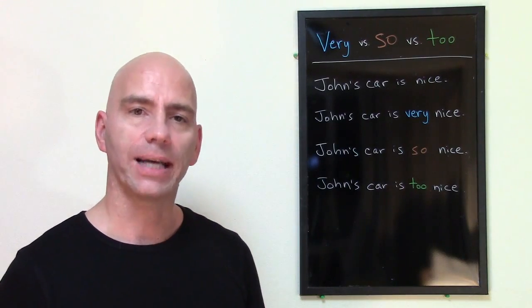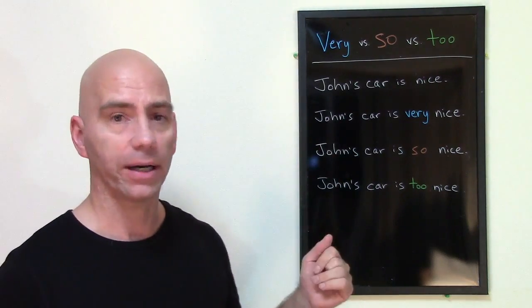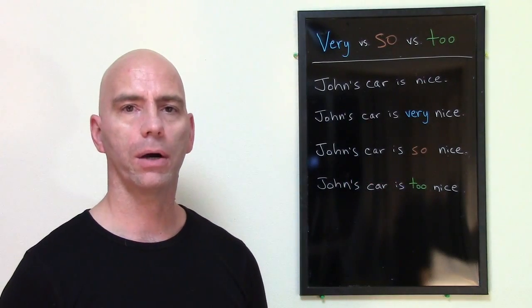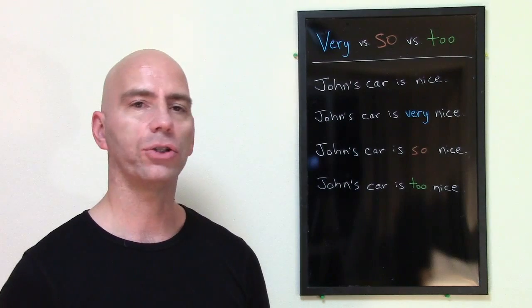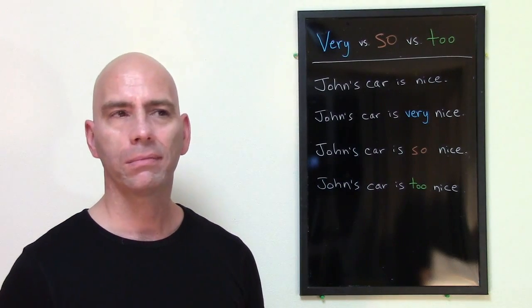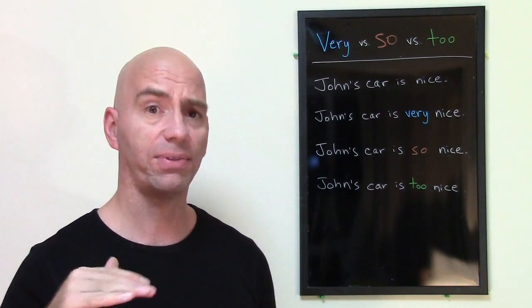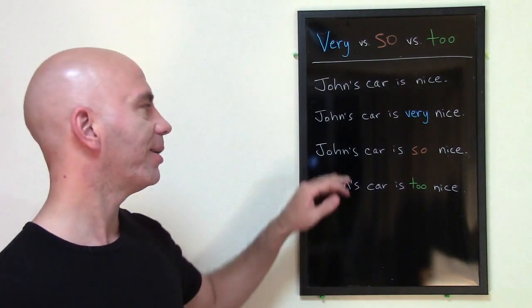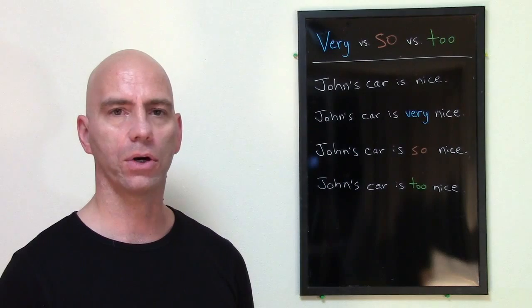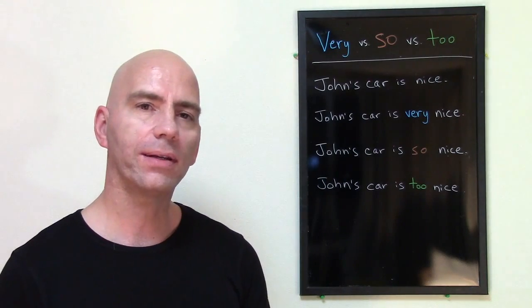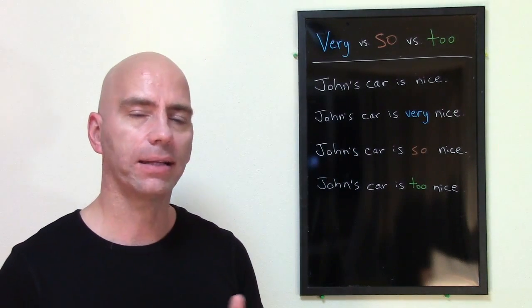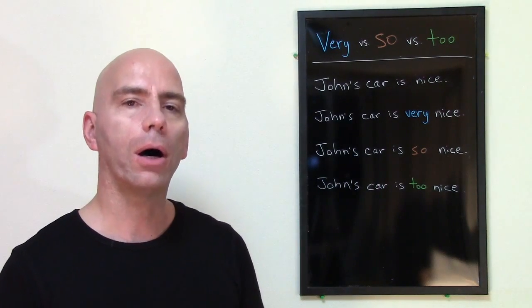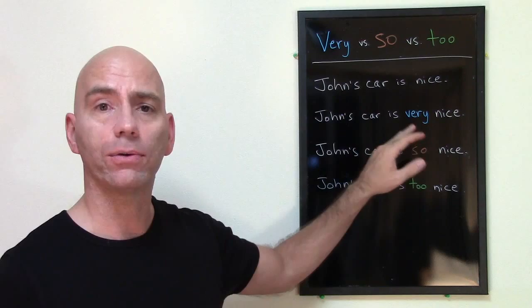So let's take, for example, John's car is very nice. John's car is so nice. If I say John's car is very nice, it sounds a little flat, but it doesn't sound odd. If I say John's car is so nice like this, it sounds even more odd than if I use the word very.